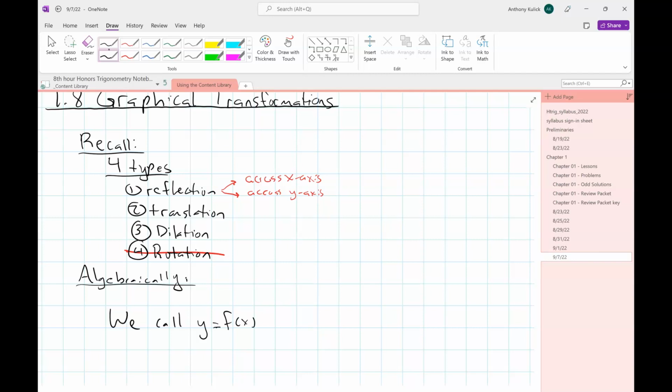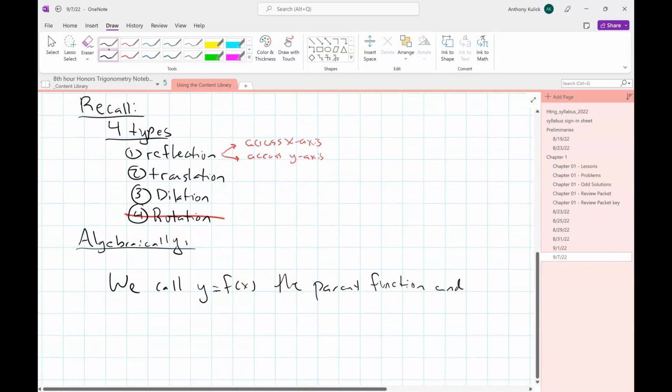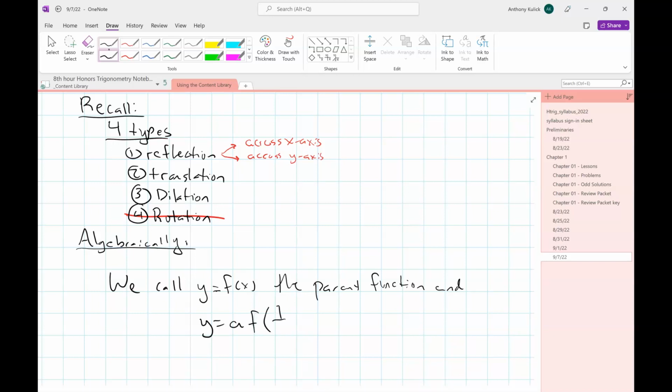We call y equals f of x the parent function, and y equals a times f of 1 over c times x minus h, plus k, the resultant function.